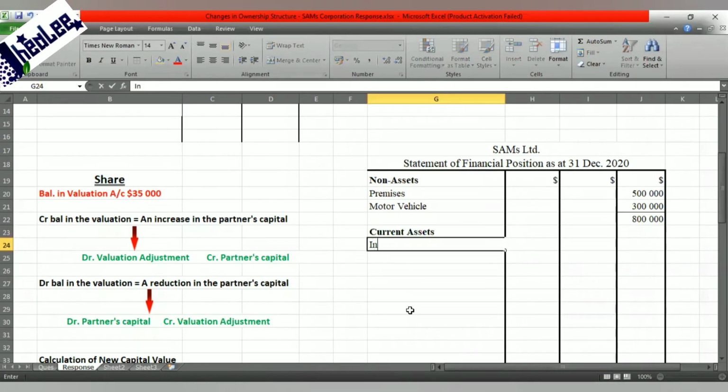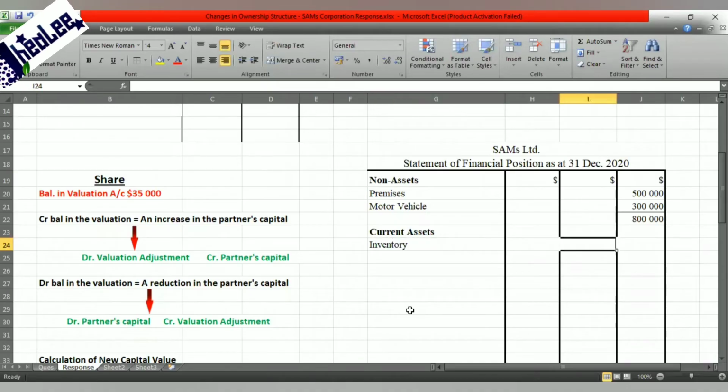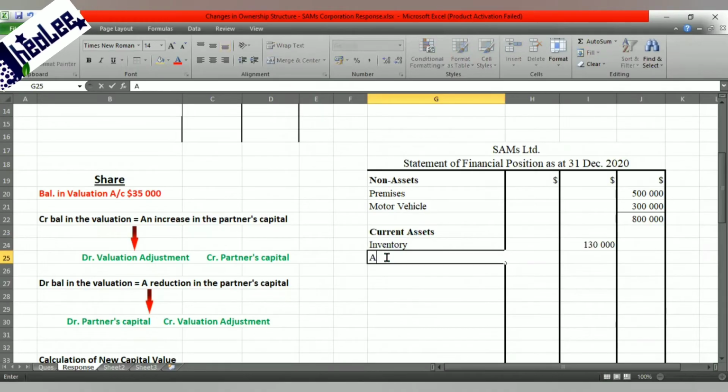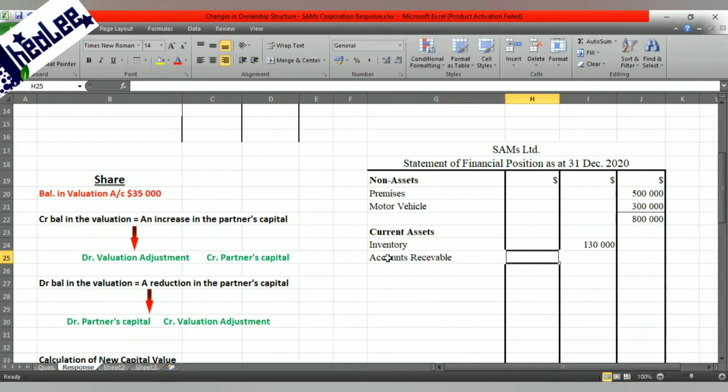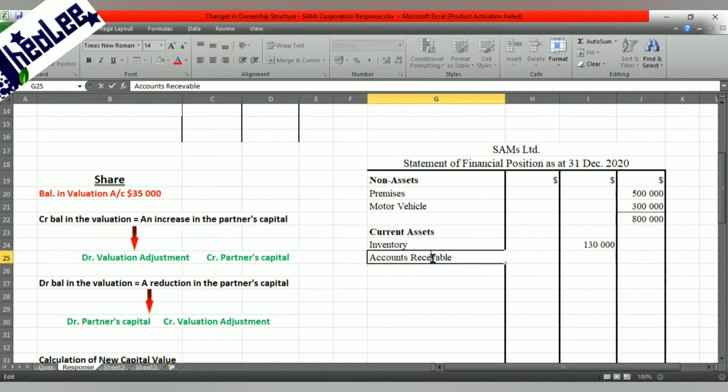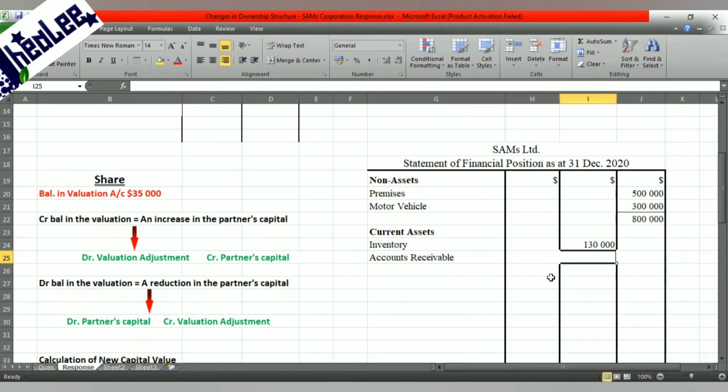So the first one in terms of the order is inventory, and the inventory value is 130,000. That was a fair value. Remember, we're using the fair value, the new values, and we have accounts receivable, the new value there is 52,000.